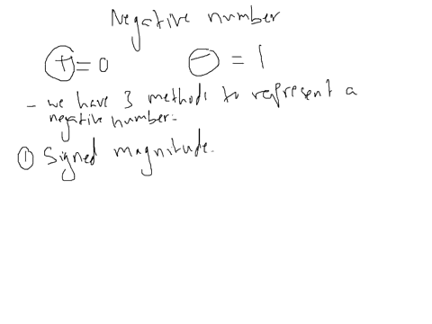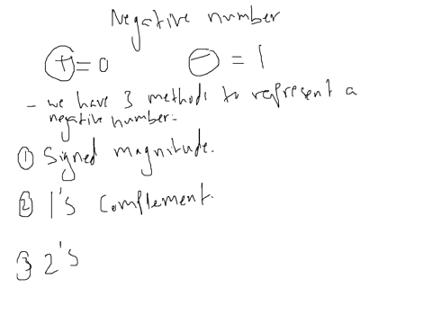The second method is called ones complement. And the third method is called twos complement. So we have three methods to represent negative numbers in binary: the sign magnitude, the ones complement, and the twos complement.